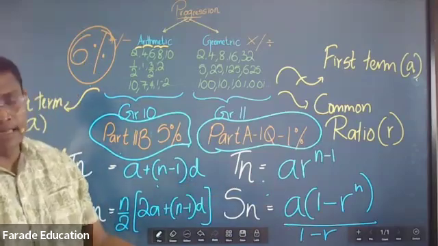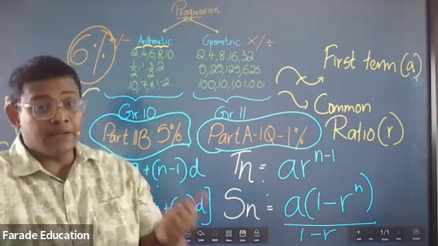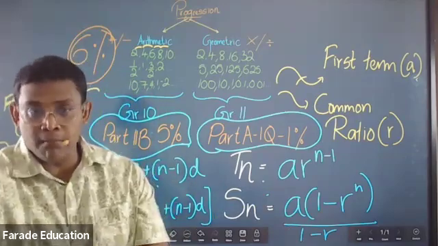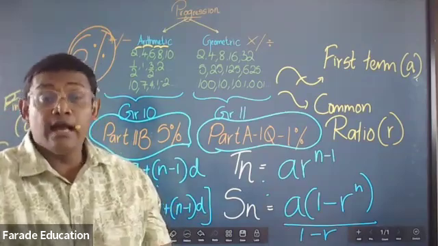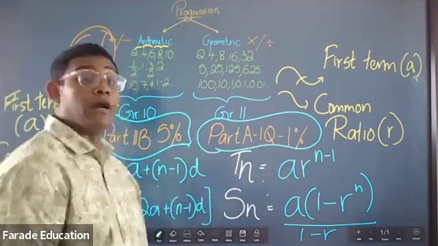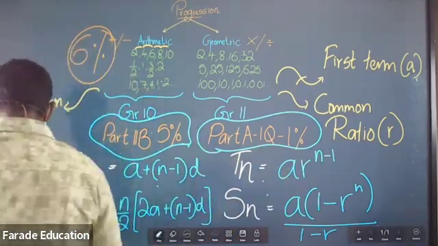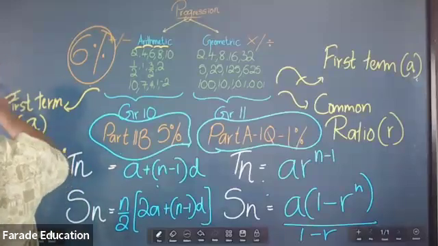We don't know, they might give it as a combined one, because in 2016 and 2017 it was combined. But 18, 19, 20, 21, 22, 23, 24 have been like this: geometric in part 1, arithmetic in part 2. Clear? So now we'll go for the question.